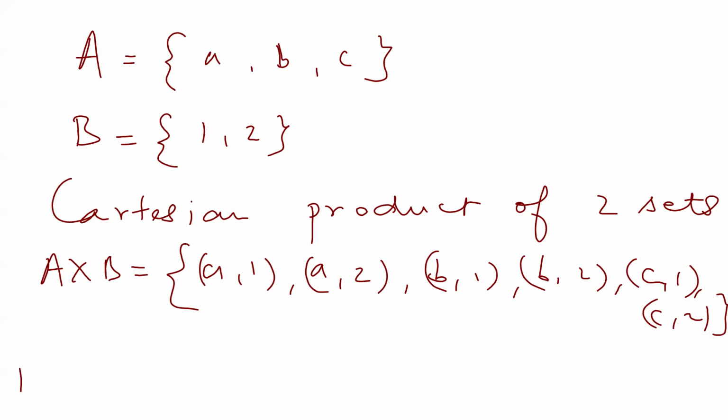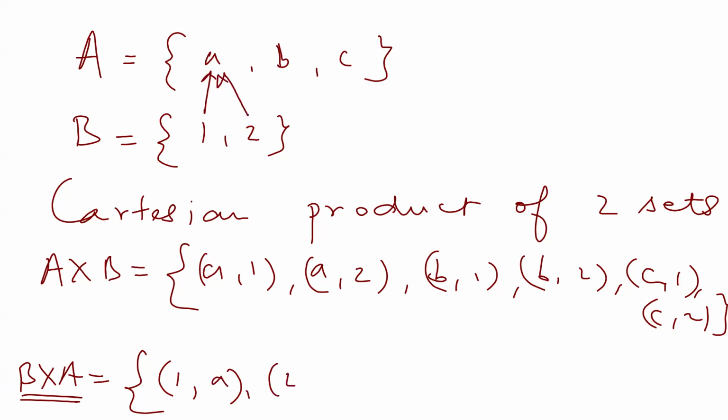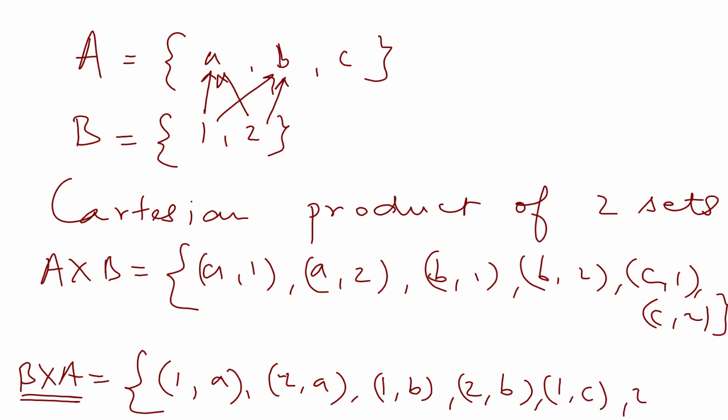Now when I say B cross A, this is the Cartesian product of B and A. What happens basically is, within the round bracket, before the comma, the first object will come from set B, not from set A. So it will be (1,a), (2,a), then (1,b), (2,b), and (1,c), (2,c).